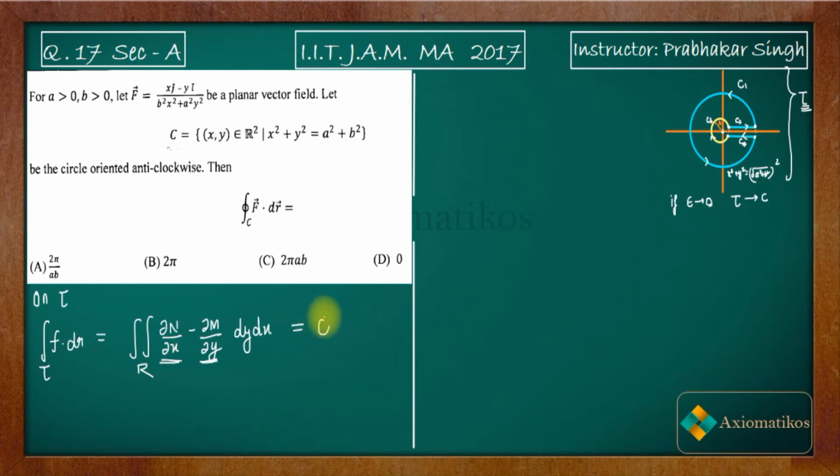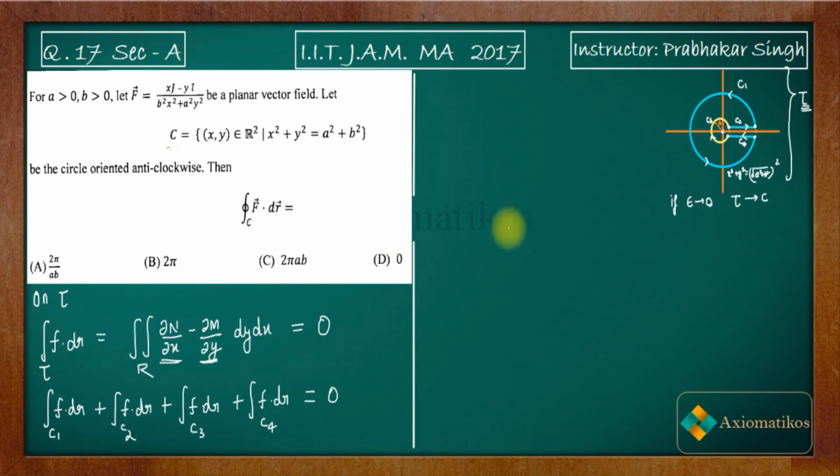That means if you are evaluating your line integral on tau, you will get 0. Now let us see what tau is made up of. Along this C3 path, the direction is like this, and the direction for the C4 path is like this. So these two are actually opposite to each other.